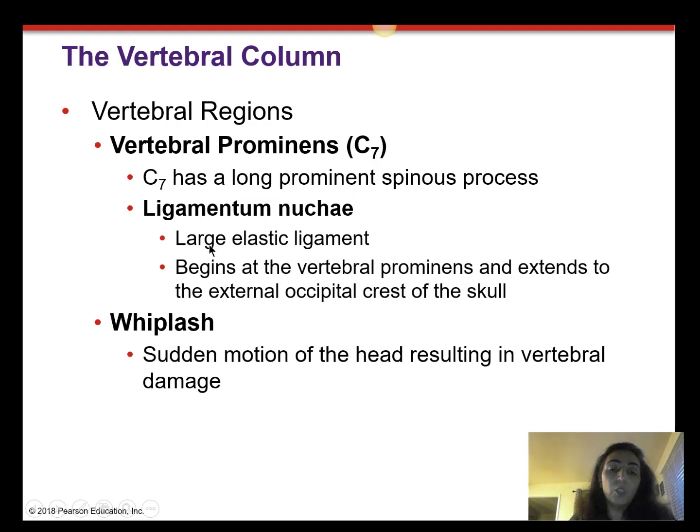That is a large elastic ligament that begins at the vertebral prominence and extends upward to the external occipital crest of the skull. That's a line over the occiput, or occipital bone, and a ligament from C7 goes all the way to attach to that area.